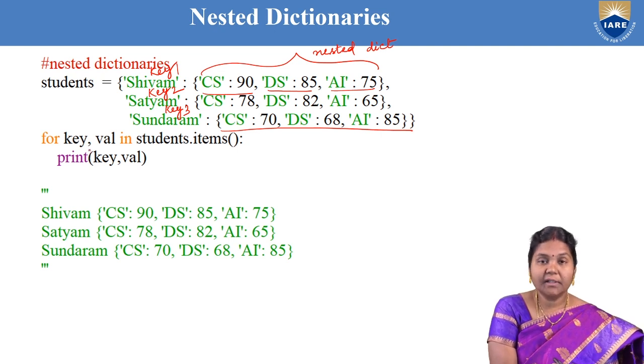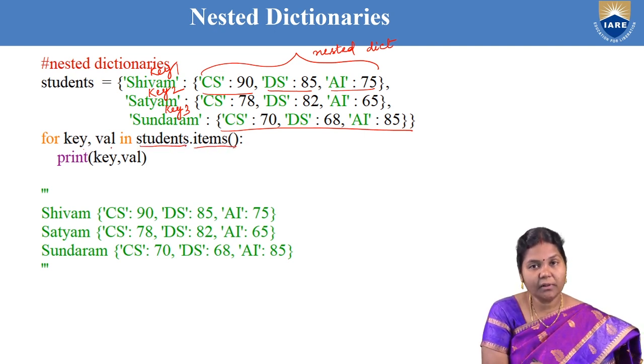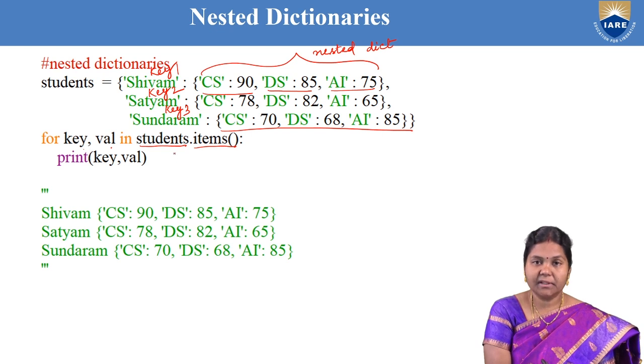Using the built-in items method, we can print the key and its associated nested dictionary as the value. So, for key comma value in students dot items, because students is a dictionary consisting of three different inner dictionaries.